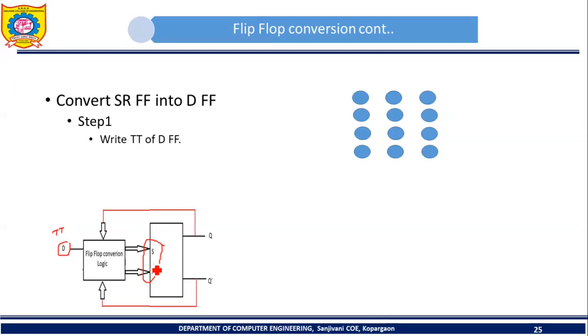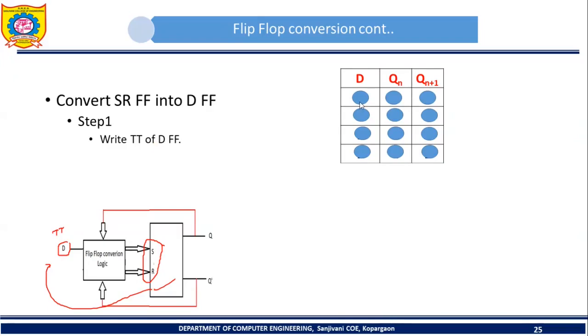Please try to understand. We have SR flip-flop and we want to convert it into D flip-flop, so this is my first flip-flop. We will require the truth table of this first flip-flop and the excitation table of this second flip-flop. First of all, let's write the truth table of D flip-flop.